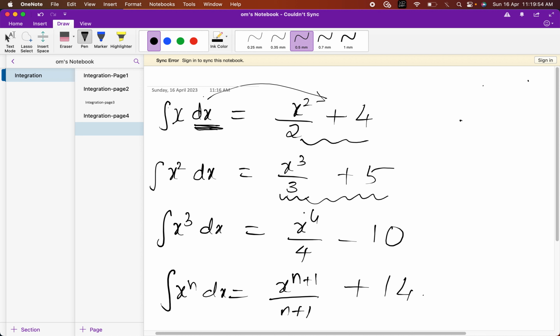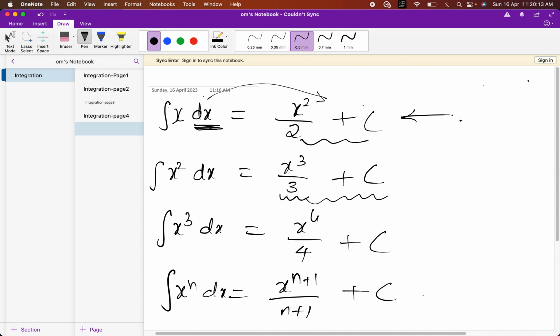So when I'm taking integral, I have to remember that it's not just x square by 2 or x cube by 3 or x raised to 4. I can also accommodate a family of functions whose integral will be this. So the answer to an integral is a family of functions.